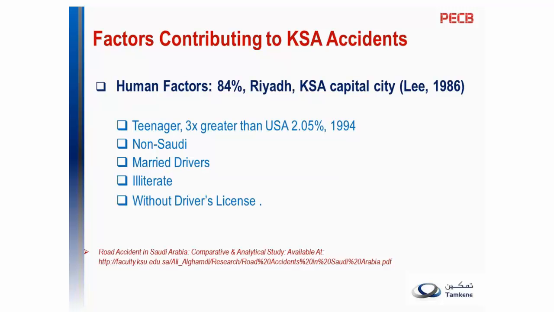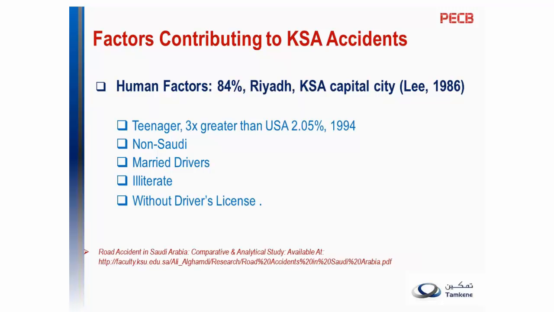Now, interestingly enough, based on the research conducted by Lee, one of the top factors contributing to KSA accidents is human factors. You have the issues of teenagers, non-Saudis, married drivers, illiterate drivers, and drivers without license.